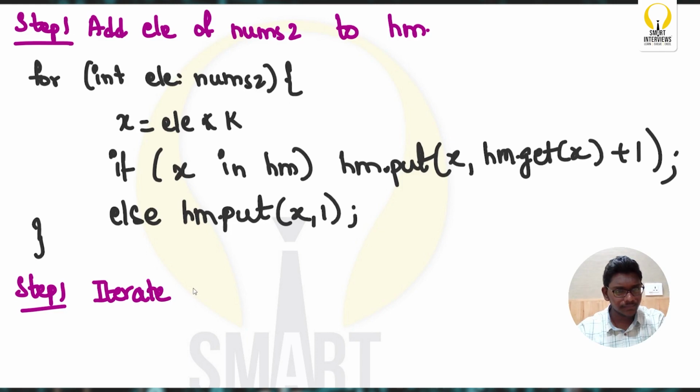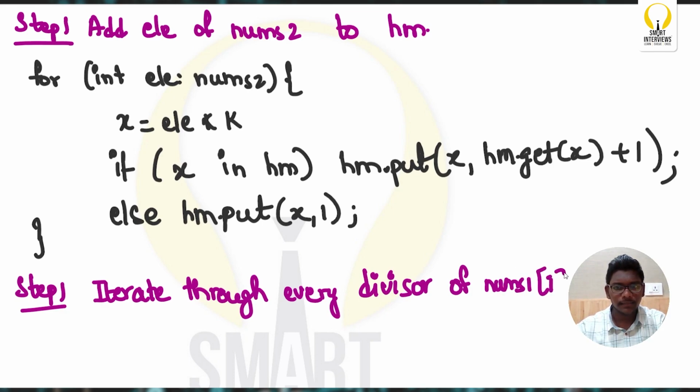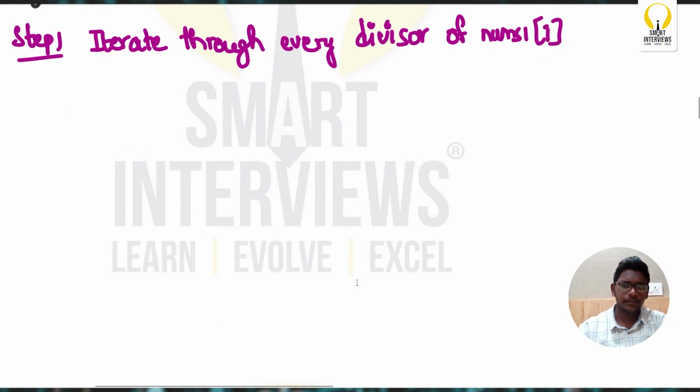Iterate through every divisor of nums1 of I and update the answer accordingly.